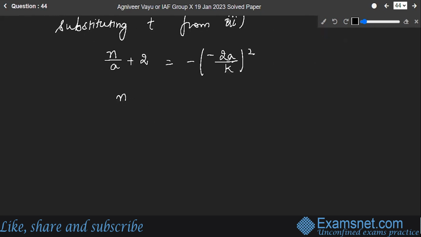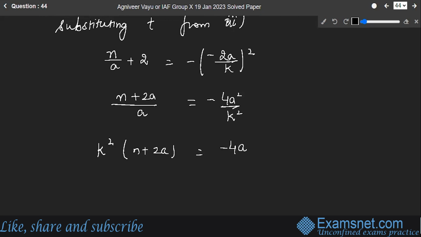So this makes (h + 2a) divided by a is equal to -4a^2 upon k^2, right? Okay, so cross multiplication: k^2(h + 2a) is equal to -4a^3. Right. So k^2(h + 2a) + 4a^3 is equal to 0.